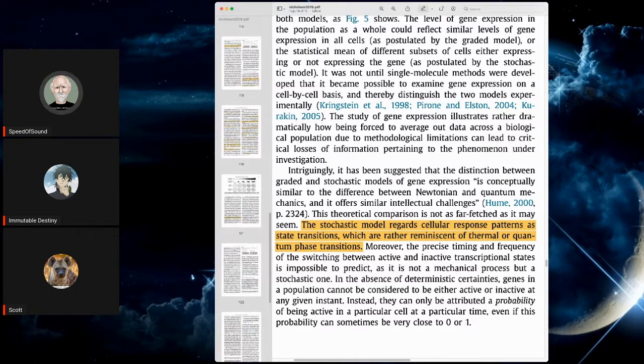Moreover, the precise timing and frequency of the switching between active and inactive transcriptional states is impossible to predict, as it is not a mechanical process, but a stochastic one. In the absence of deterministic certainties, genes in a population cannot be considered to be either active or inactive at any given instant. Instead, they can only be attributed a probability of being active in a particular cell at a particular time, even if this probability can sometimes be very close to 0 or 1.